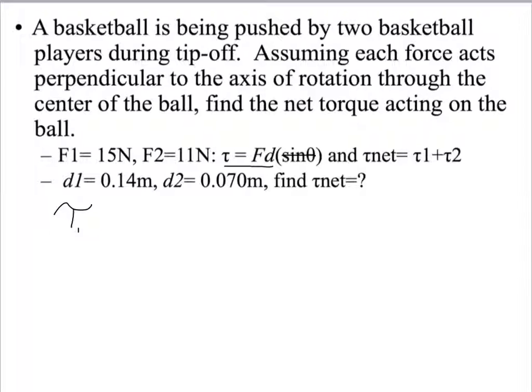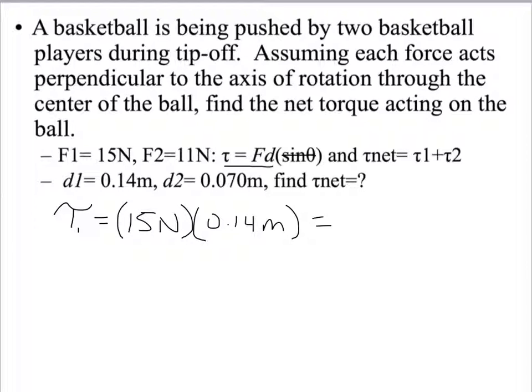I think I said force. Torque is going to be my force, 15 newtons, times my lever arm, 0.14 meters. Now, it's rotating. A basketball is pushed by two basketball players during tip-off. We want to find this torque, the net torque acting on the ball.